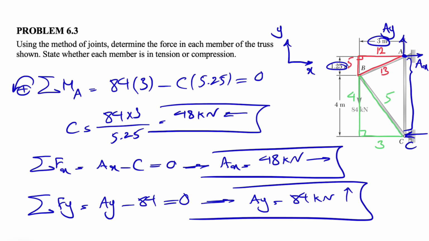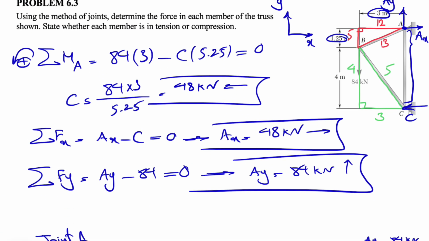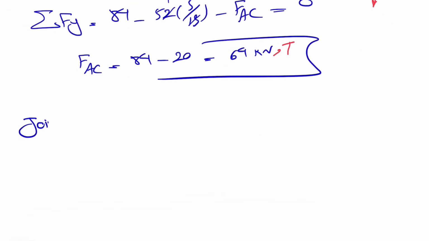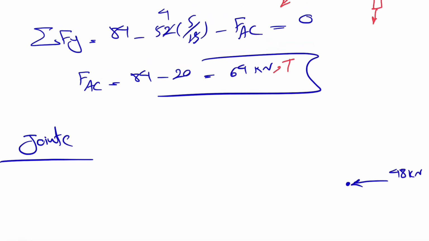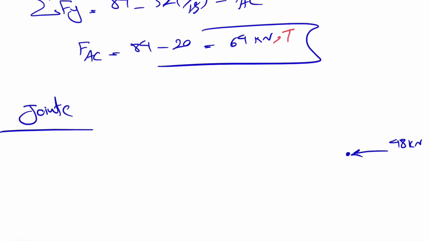So if we go to the joint C in here, we can find the last unknown, which is FBC. So we're going to find the joint C. What we found at C was the force C in here, which we figured is 48 kilonewton. We have the FAC and FBC.